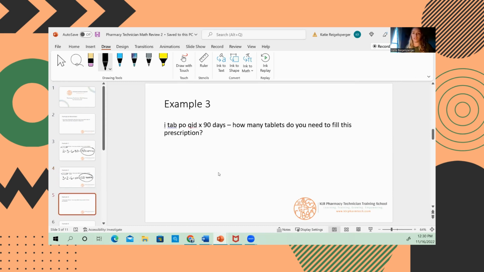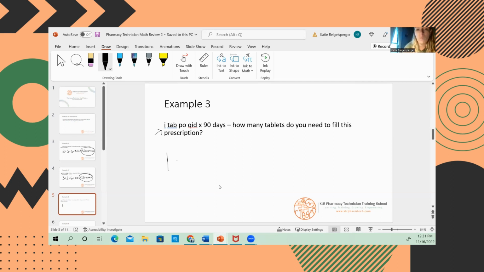Take a second to read the next one to yourself. This one says, take 1 tablet by mouth 4 times a day for 90 days. How many tablets do you need to fill this prescription? We're doing this exactly the same, guys. How many tablets do you take each time? 1.